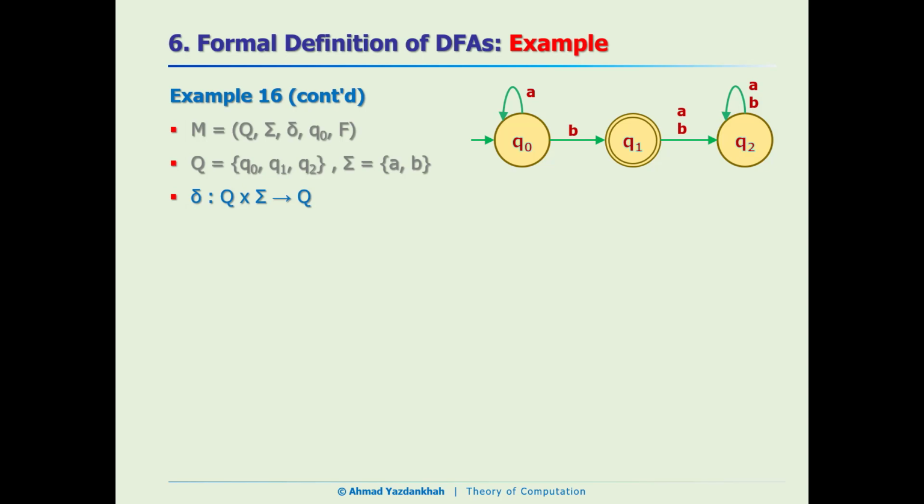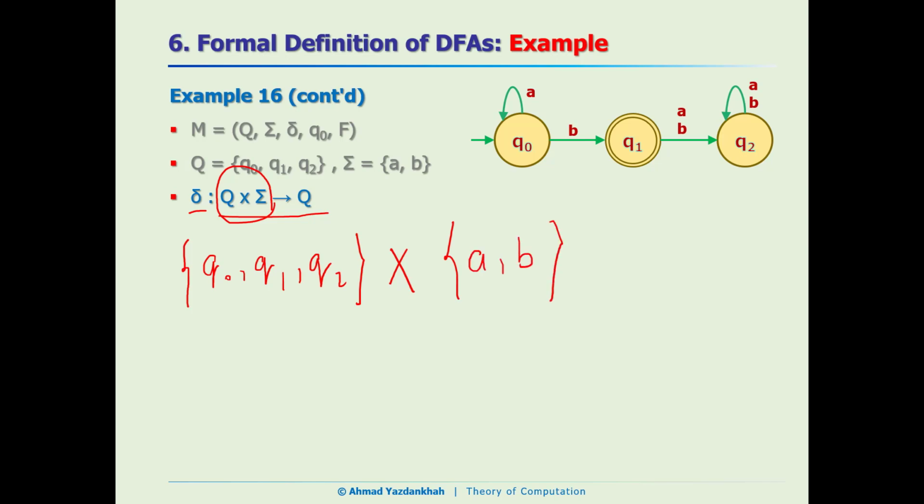For working with the transition function, we need to elaborate a little bit about its definition. So the delta is defined by this, right? What is this? It is the Cartesian product between Q and the alphabet. So what is the Q? Q0, Q1, Q2, cross, what is the alphabet?